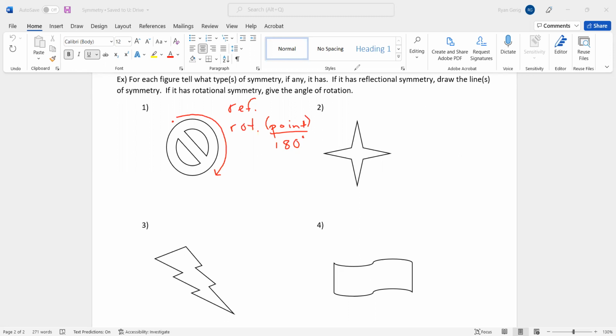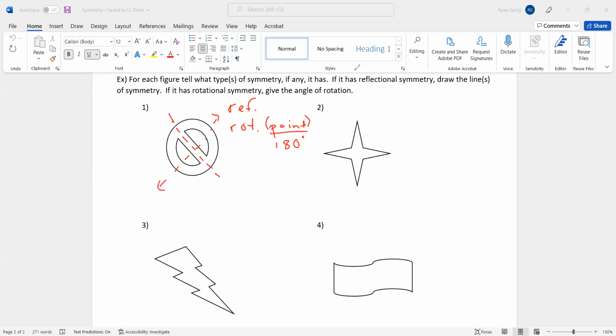Some people think, well, what about 90 degrees? That's not gonna work either, because if I go 90 degrees, this crossbar is gonna be going the opposite way. It's gonna be going that way. Don't want that. It's not the same picture then. So it is point symmetry, which is 180 degrees. I did say it has reflectional, so let's draw the lines of reflection right down the middle this way and right down the middle this way.